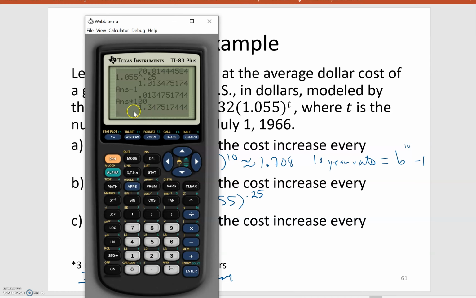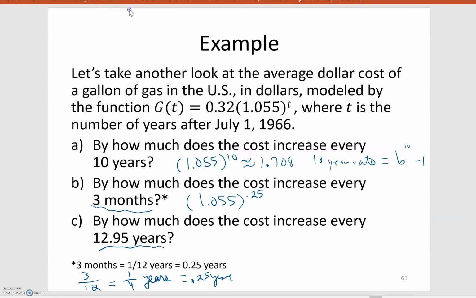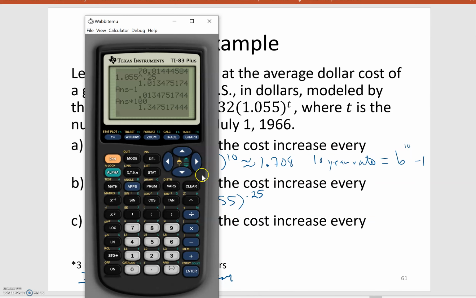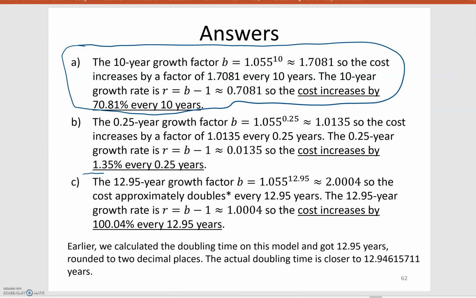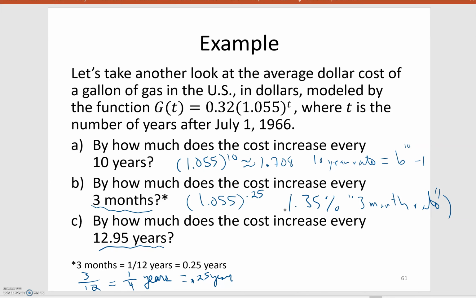So that's 1.3, oops, sorry about that, 1.35%. And that's my 3-month rate, which is kind of weird, but that's what we found, the 3-month rate. So there you go.